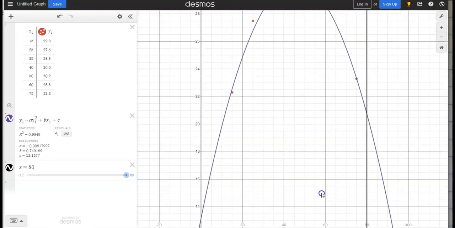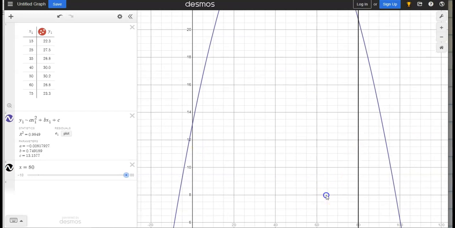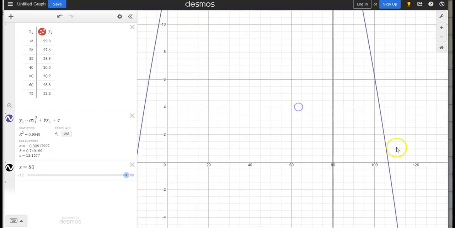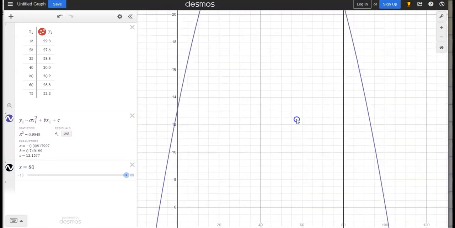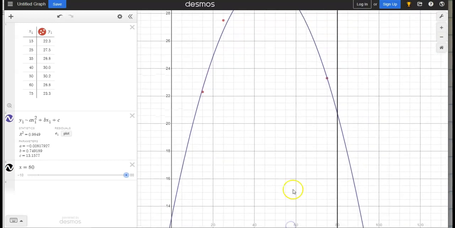Okay. Now, you can go up high. Now, this is a model, so theoretically over here, it looks like maybe 106. When you're going 106 miles per hour, is your gas mileage really zero? No, it's not really zero. It's a model.